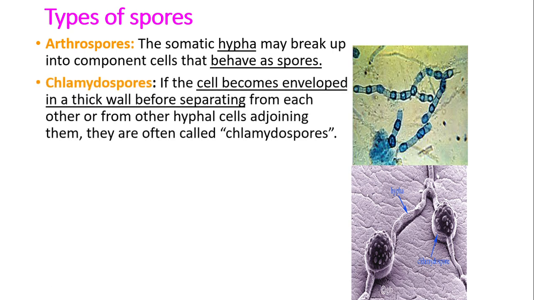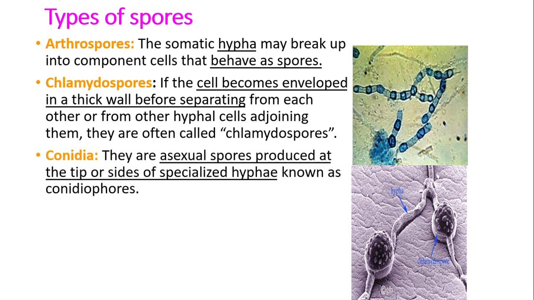Next is chlamydospores. If the cell becomes enveloped in a thick wall before separating from other hyphal cells adjoining it, they are often called chlamydospores. Here you can see chlamydospores being developed from these hyphae.